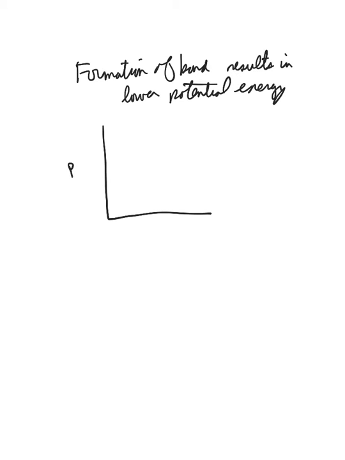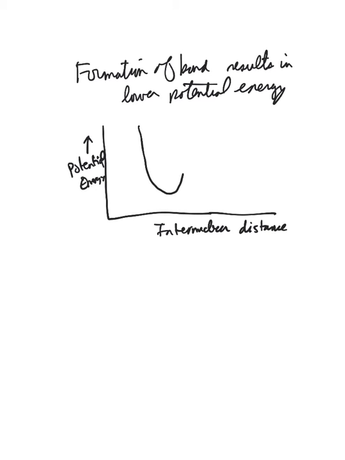We could have potential energy along our y-axis and our internuclear distance along our x-axis. If the nuclei are too close together, we've got the repulsive forces of the nuclei. If they're too far apart, there's not going to be a bond that's formed. And so there's this optimum distance, the overlap.